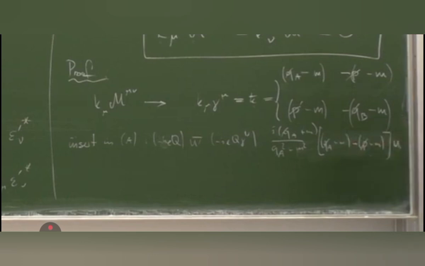Once I'm explicit, you should look at the blackboard to see what happens, because now a big simplification appears. The p slash minus m hits the u. What happens if p slash minus m hits the u? u is a spinor which satisfies the Dirac equation. That is 0: p slash u equals m u, that is the definition of u. So therefore that gives 0.